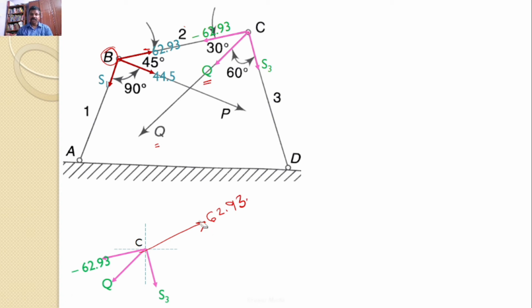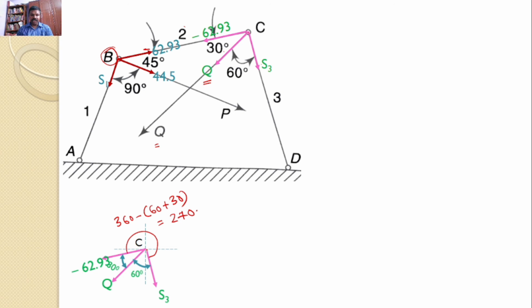Both will give the same results. Let us find the angles. The angle between S3 and Q is given as 60 degrees, hence this angle is 60. The angle between Q and S2 is given as 30 degrees, hence this value is 30. And this value is the remaining, that is 360 minus (60 plus 30), which gives the value of 270.